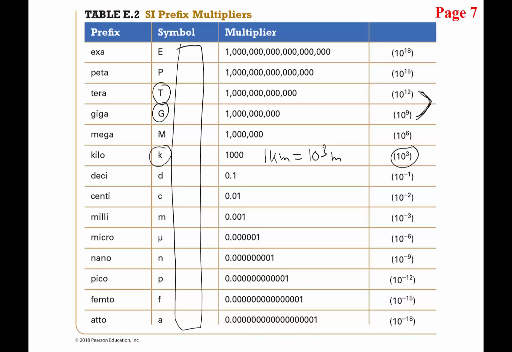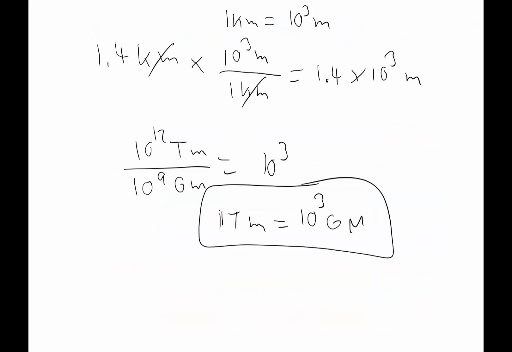So going from tera to giga means that 1 terameter equals 10 to the 3 gigameters. Going from giga to tera, you flip these, and so 1 gigameter is going to be equal to 10 to the 9 divided by 10 to the 12, which is 10 to the minus 3. It's the other way around. So those are the conversion factors.